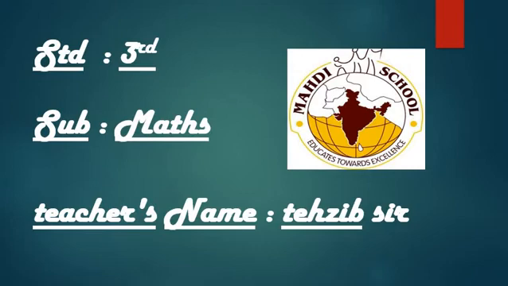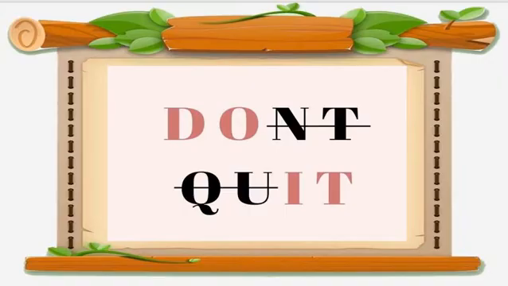Now let's check today's quote. So what is today's quote? I hope you are confused because of what you read here: don't quit, or do it. Students, you always think I cannot do it, otherwise what do you do?